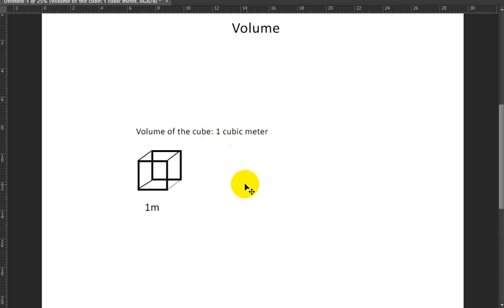That is the volume of this cube. That is how much space it takes up. And if you say, well, how did you find that? Well, this is the definition, basically, of 1 cubic meter. It is a cube that has all of its sides being 1 meter.